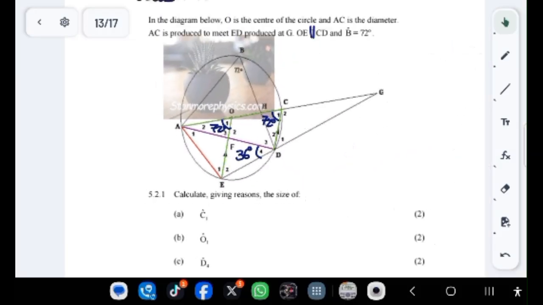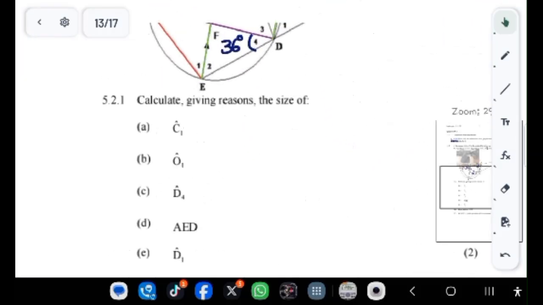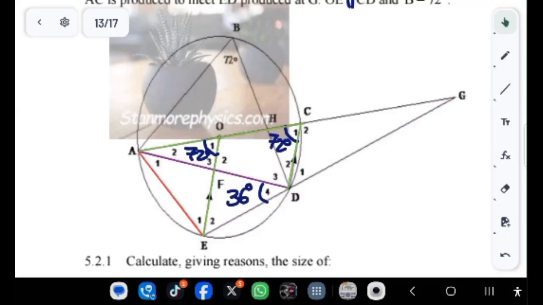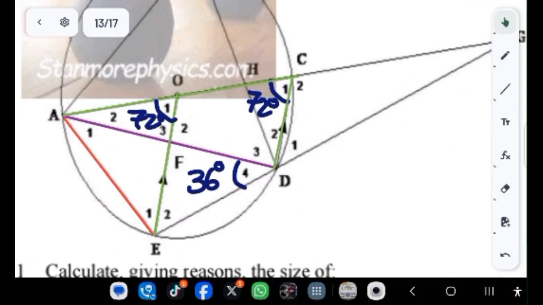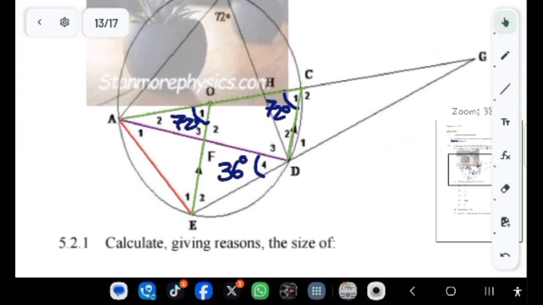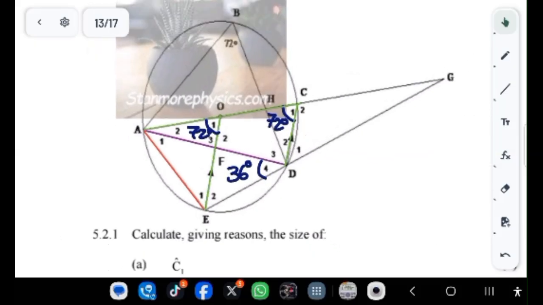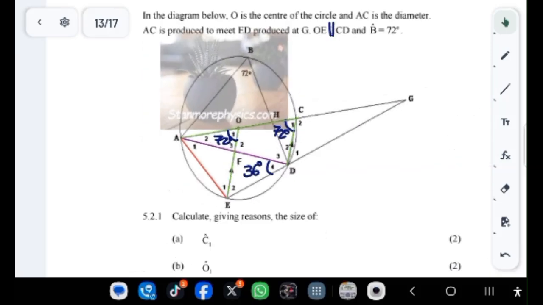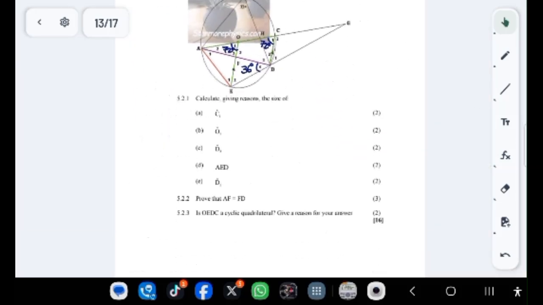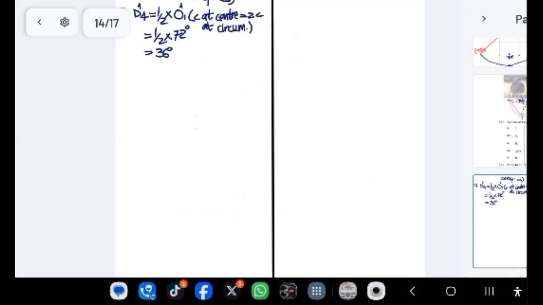Now, angle AED will be equal to what? AED is opposite angle B, so they add up to 180 degrees.